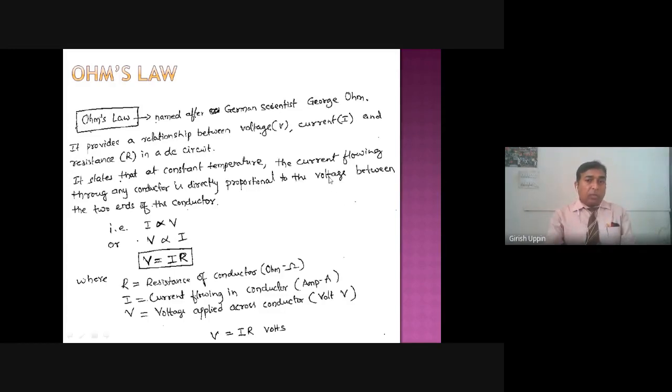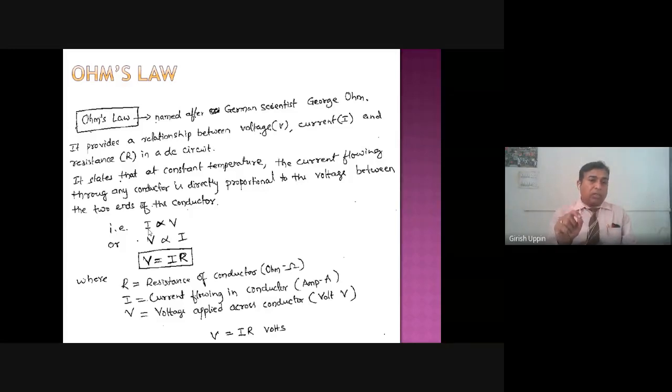So you have to remember the amount of current flowing through a conductor is directly proportional to the voltage applied between its ends. If the applied voltage is more, then the current is more. So the equation, if we write it with this statement: current is directly proportional to the voltage across that conductor, then I is directly proportional to V. I told you all the notations that we use for representing these different elements of the DC circuit.